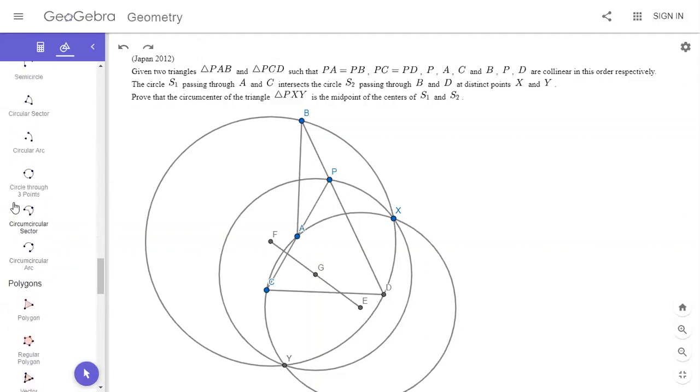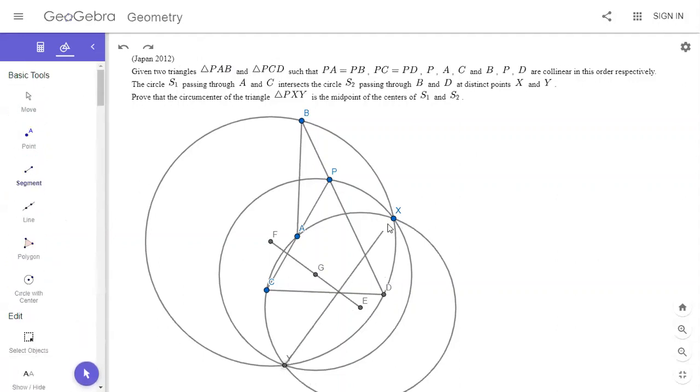Maybe there's like another cyclic quadrilateral here. So yeah, actually, I think we can use the power ratio lemma. Just thinking through it.